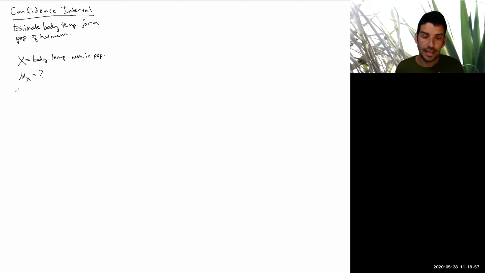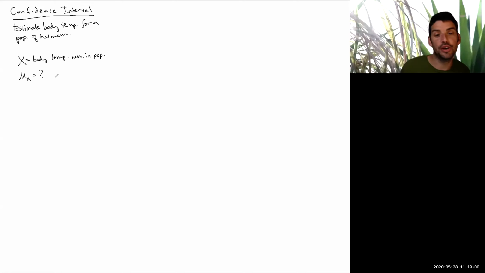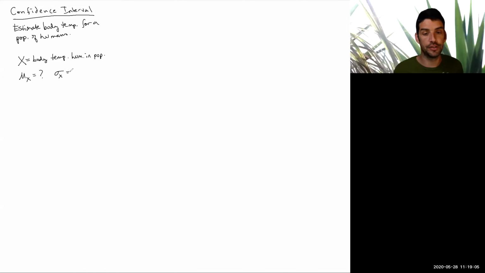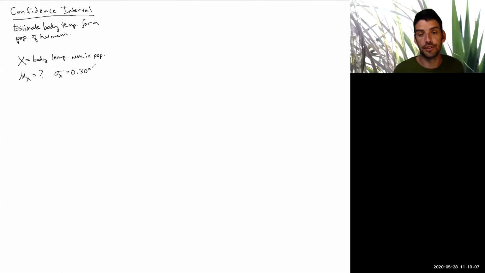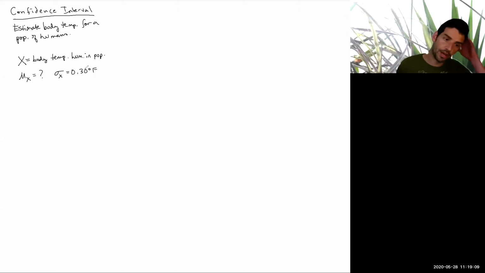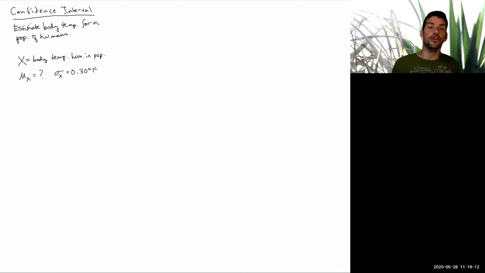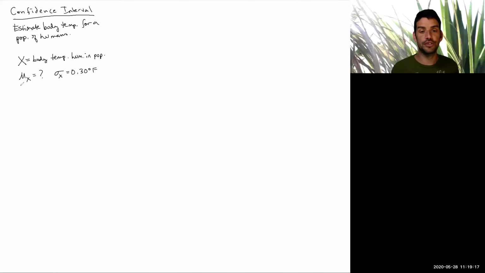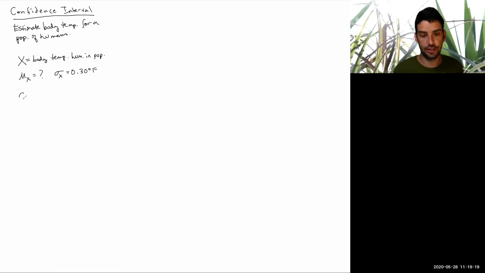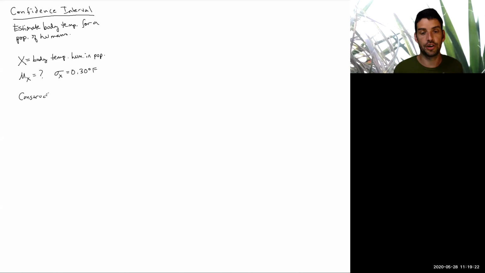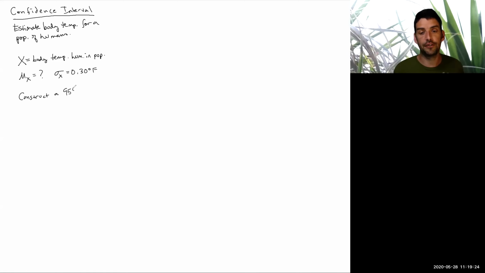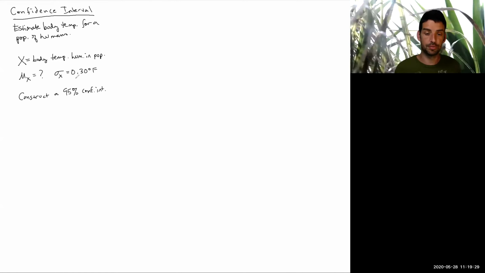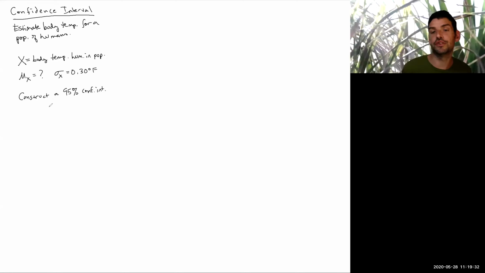Now, let's assume that we know humans in general have a standard deviation for body temperature of 0.30 degrees Fahrenheit, okay? So we already know that information somehow. So here's the idea. We're going to construct what we're going to call a 95% confidence interval. Okay, so we'll explain what that 95% means in just a moment.